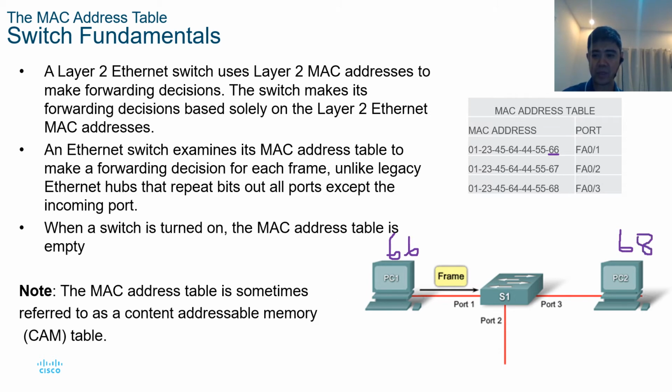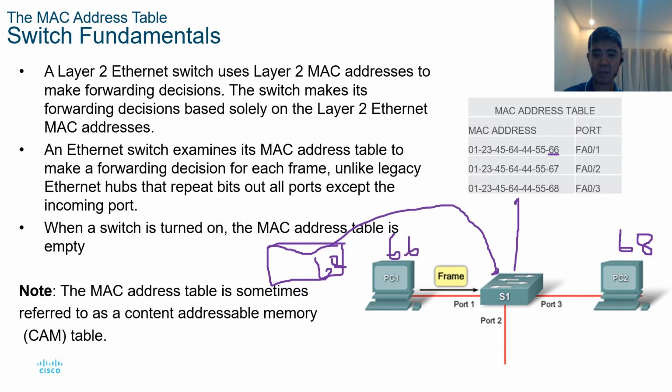So, since there's a MAC address table, let's say PC1 will send data to PC2. So it maps the destination MAC, say 68. Whenever the switch receives this, it will check the destination MAC in the MAC address table.